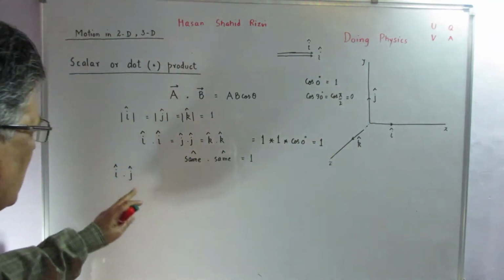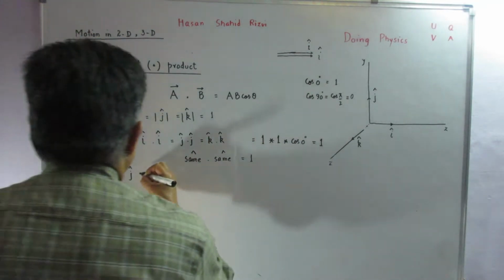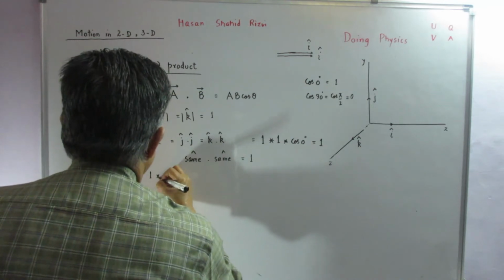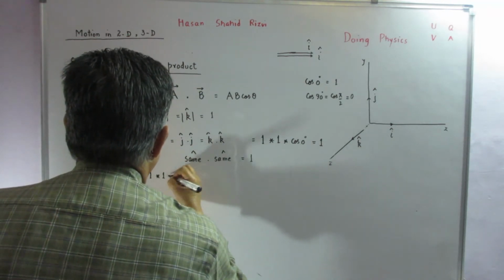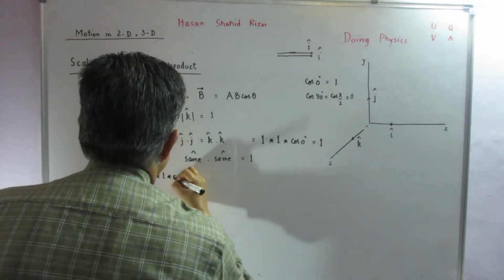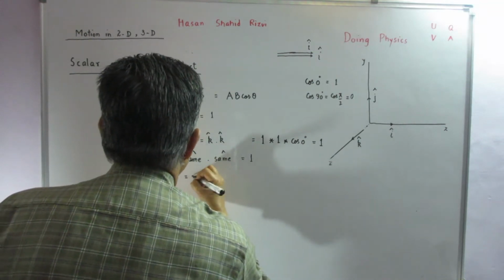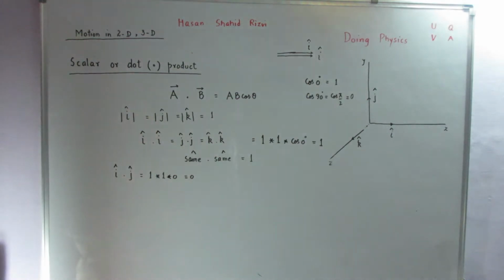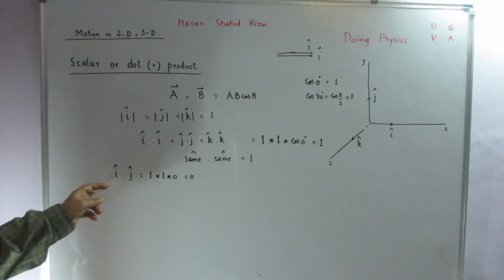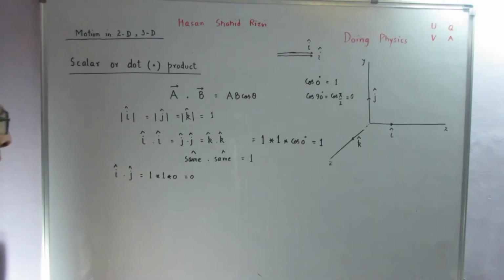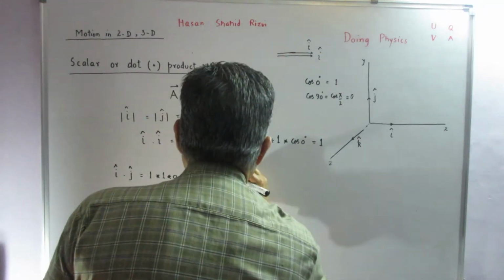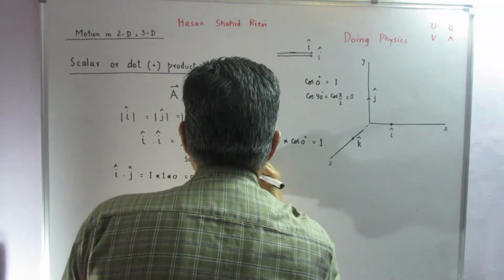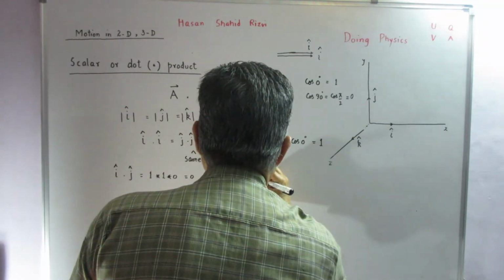So here I will get i dot j is equal to 1 into 1 into 0, and therefore it turns out to be equal to 0. And similarly, if I go in the reverse order, j dot i will also be equal to 0. So I can write j dot i cap is equal to 0.